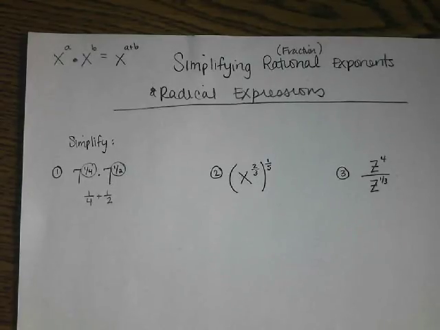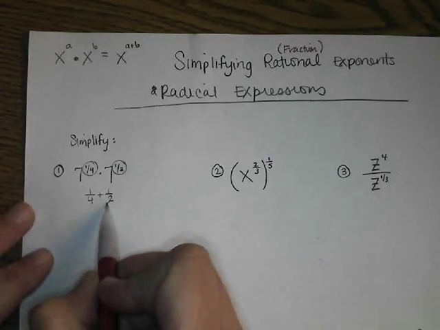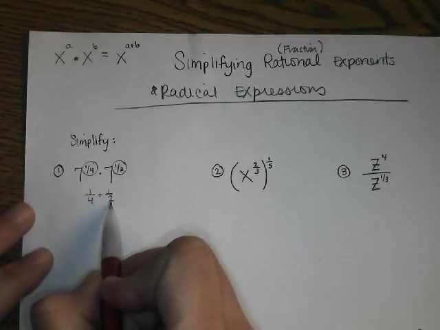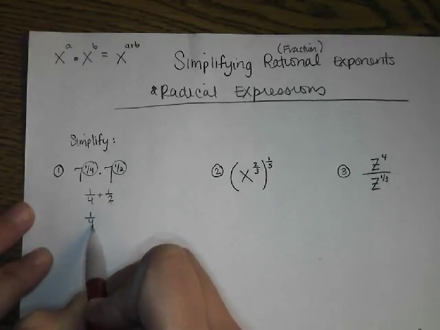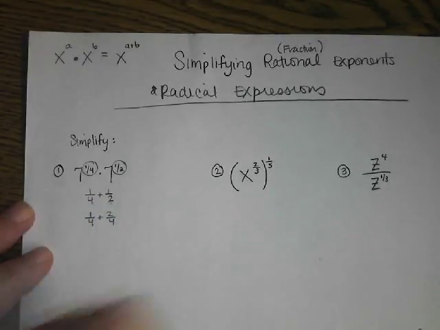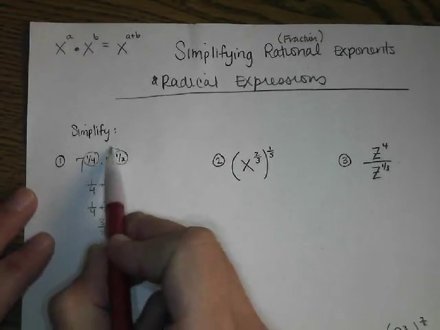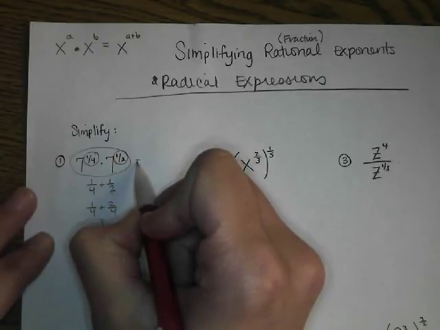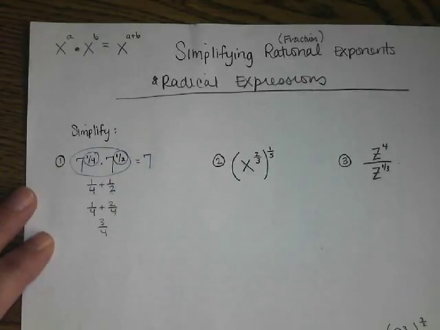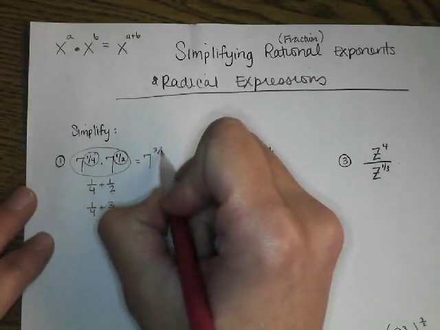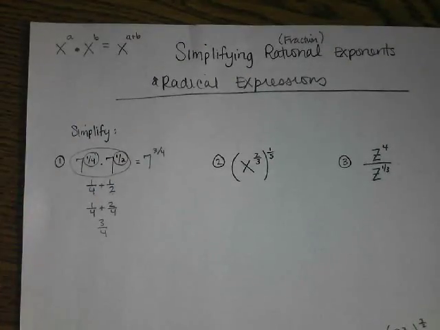Because when you're adding fractions, you need a common denominator. And what would the common denominator here be? 4. We've got 1/4 plus 2/4, which is 3/4. So my new answer is 7 to the 3/4 power. And we're going to leave that alone for now.